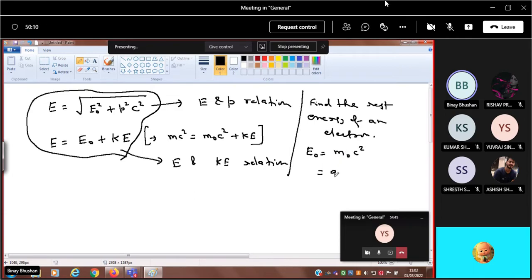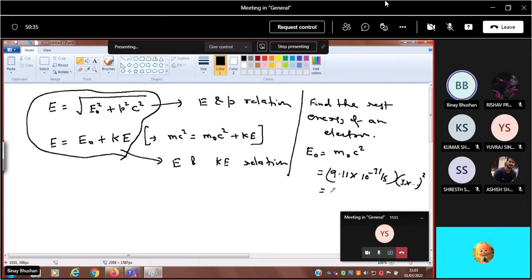Now put the value of the electron mass in kg and this c square, that is 3 into 10 to the power 8 meter per second, squared, and find this value. Okay, so I am leaving this to all of you, that you should try to find this.